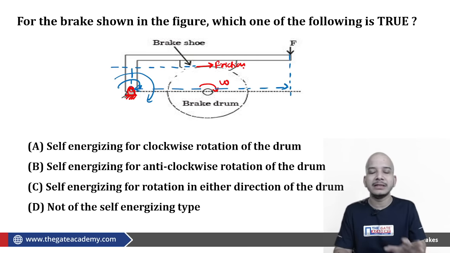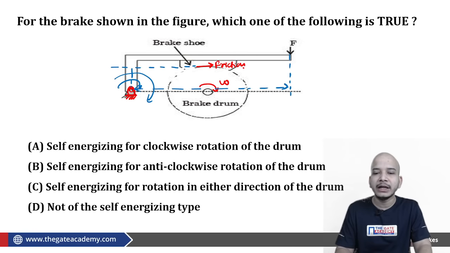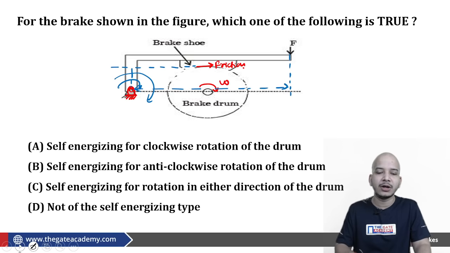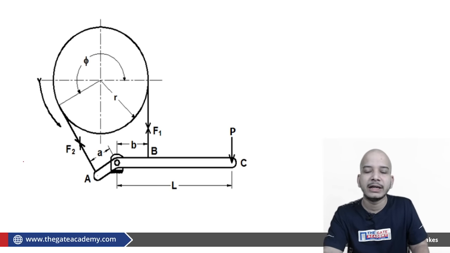You don't have to consider the drum in your free body diagram. Straight away, with the help of the free body diagram of your block lever, you can say whether the brake is self-energizing or not. Here the friction and F both are causing a clockwise torque, therefore this particular case is a self-energizing brake case. Fine.